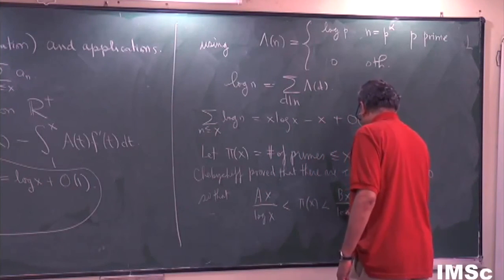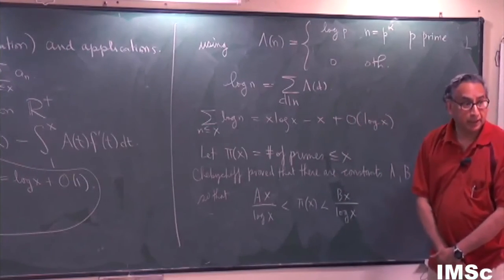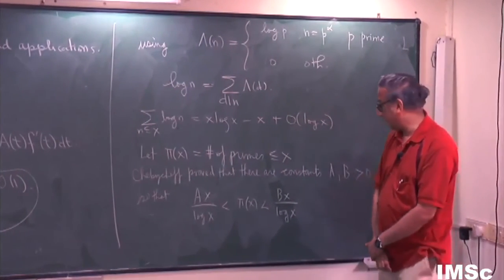In other words, the prime counting function grows like x over log x. That's what he managed to show.